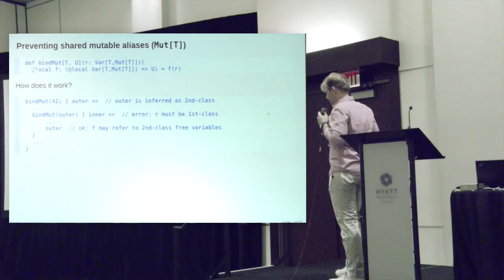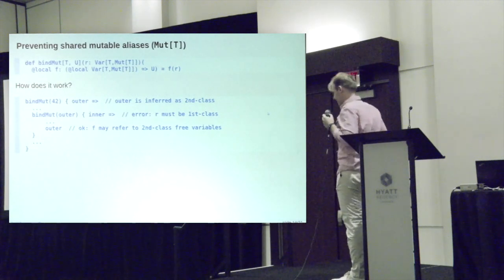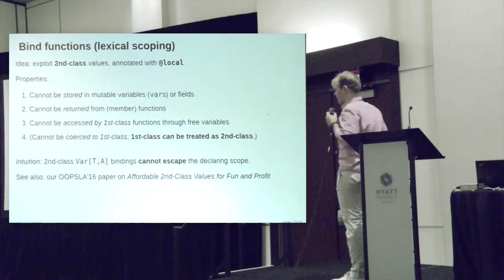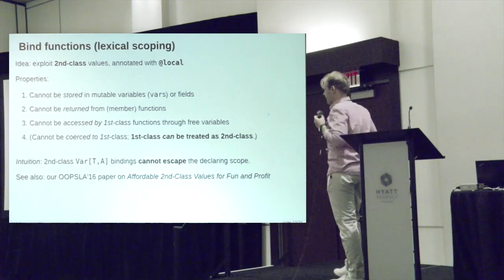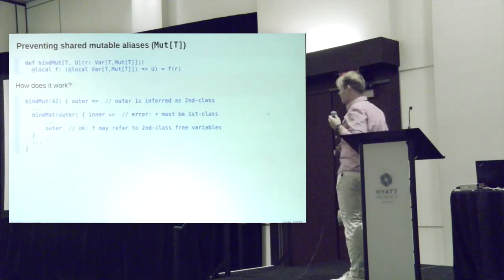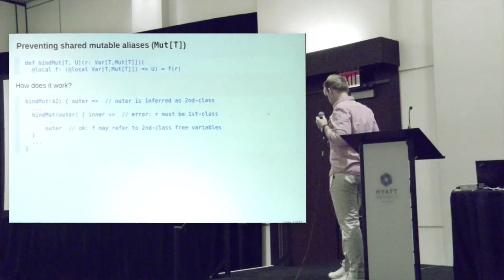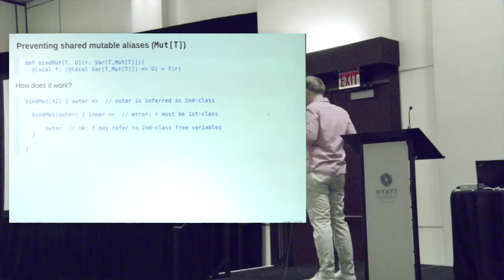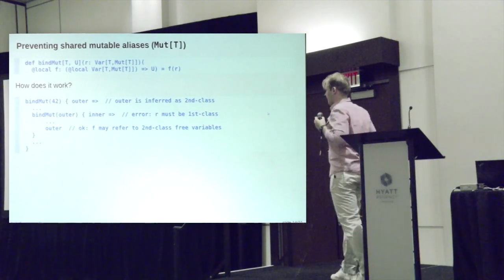And the subtlety here is that this closure is also second class, in order to circumvent the restriction that we cannot access second-class values as free variables in a first-class closure. So that allows nesting. Here's how it works. You can nest and access the outer one, but if you try to bind it as an initial value, then it will not type check.